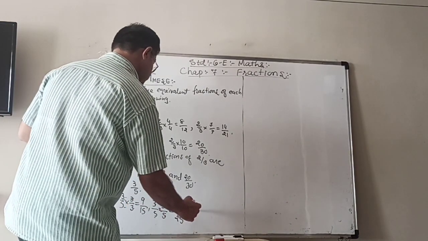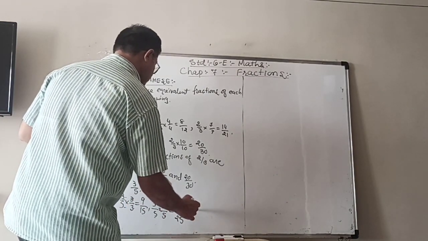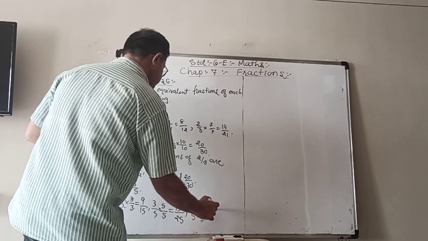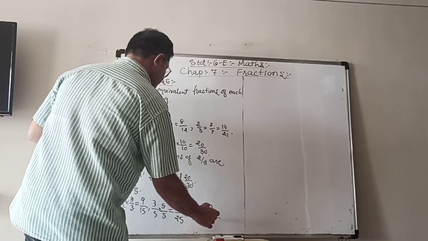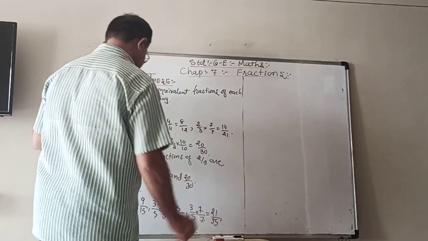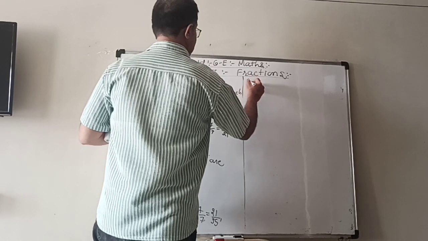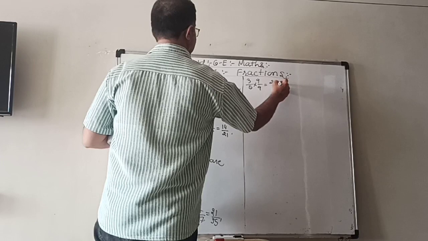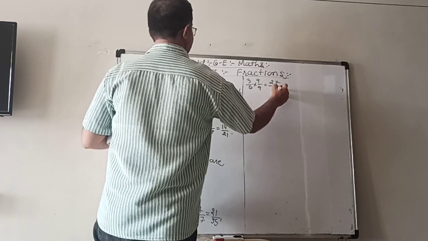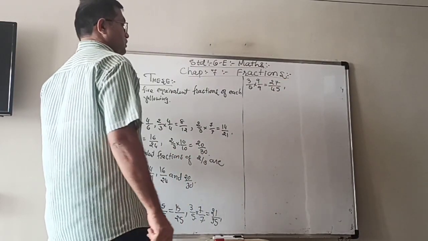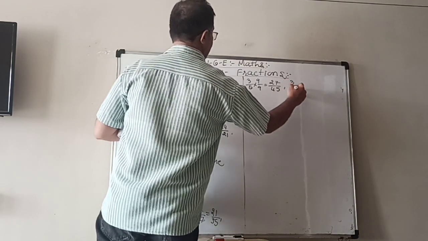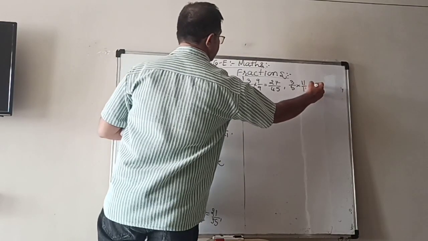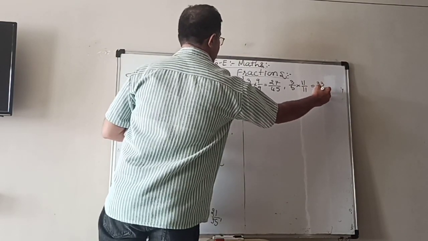Next, 3 upon 5 multiplied by 7 upon 7, 21 upon 35. 3 upon 5 multiplied by 9 upon 9, 27 upon 45. And 3 upon 5 multiplied by 11 upon 11, you can take any number. So 11 threes are 33 upon 55.